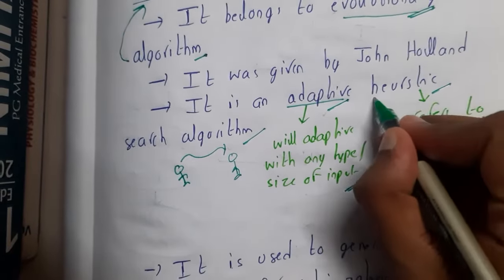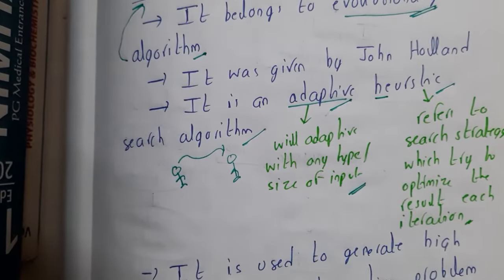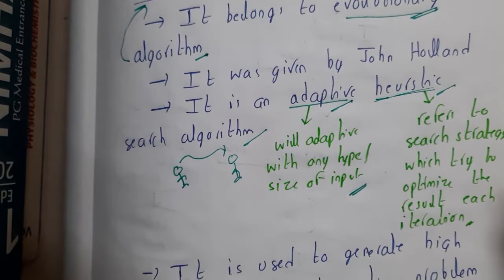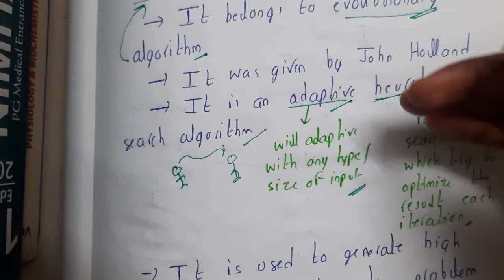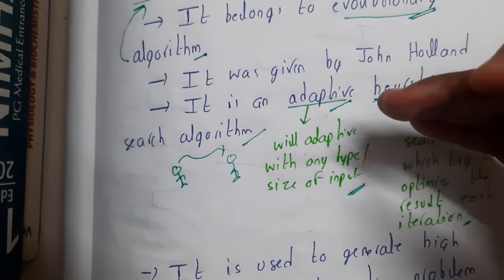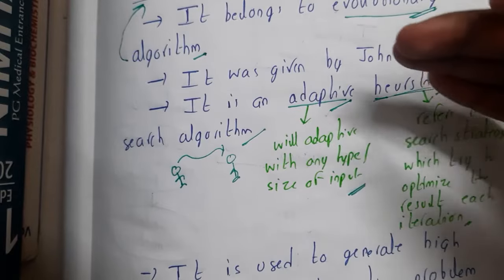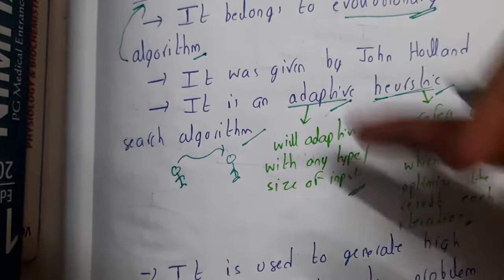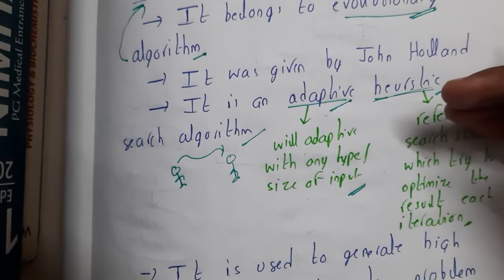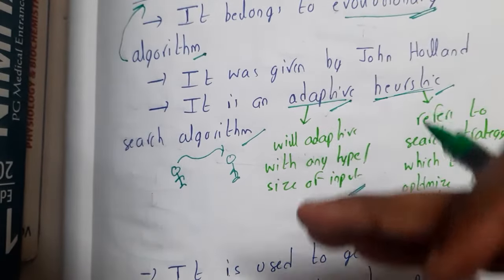Now we have some idea about adaptive, so let us talk about heuristic. Heuristic means it gives you a result. For the first time, it gave you a 50% correct result. If you run it again on the same problem, it now gives a 75% accurate result. So it is improving itself, right?